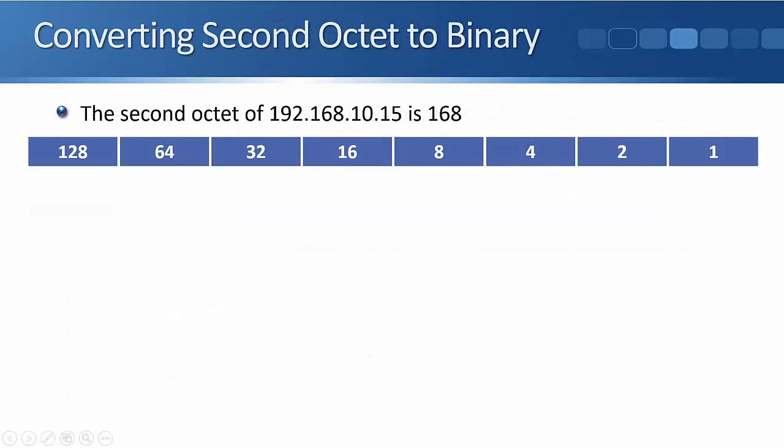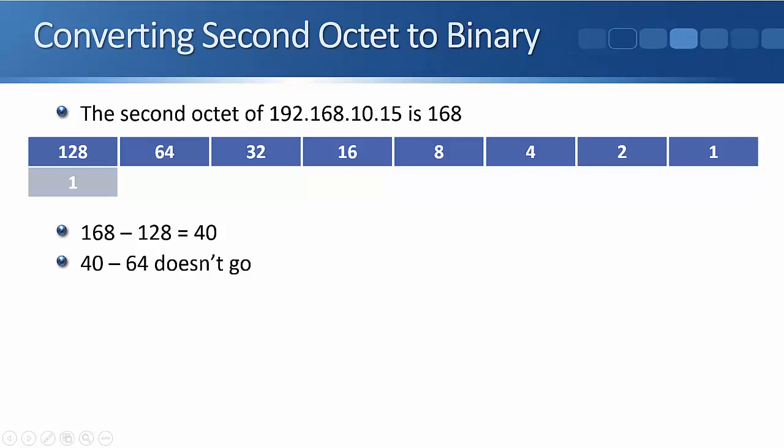Let's do this same process again for the second octet of 168. So does 128 go into 168? Yes, it does. So we'll put a 1 in there. And then the difference between 168 and 128 is 40. We've got 40 left. Does 64 go into 40? No, it doesn't. So we put a 0 in that column.